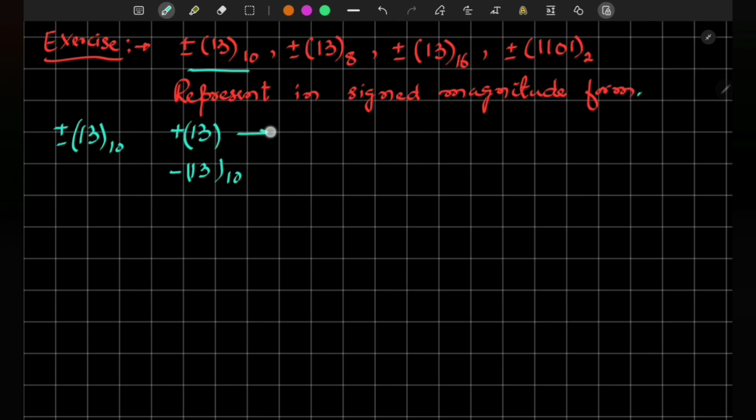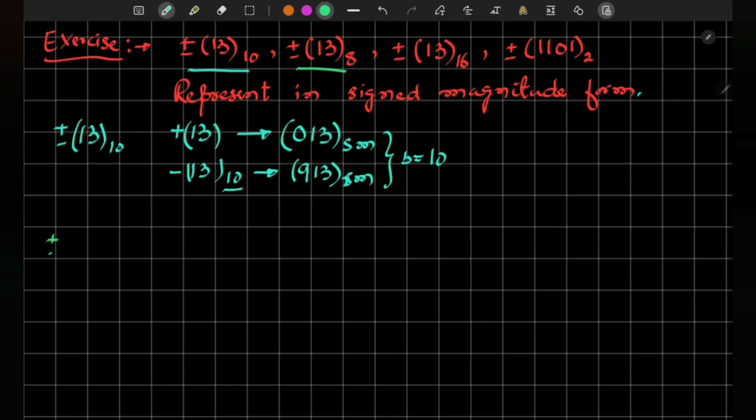Plus 13 is written by appending a 0 sign in front of the MSB, that is 013 is the signed magnitude representation of plus 13. And for negative, we have to append R minus 1. R here is 10, so the signed magnitude representation of minus 13 is 913 in base 10.